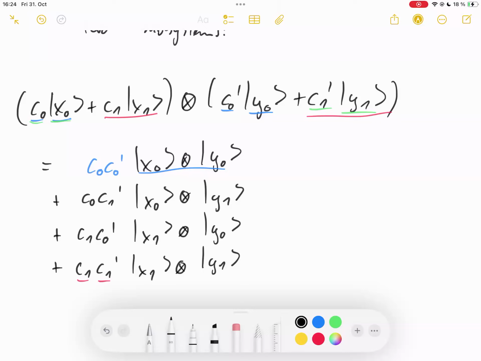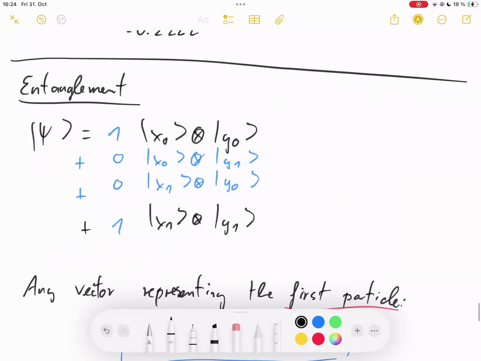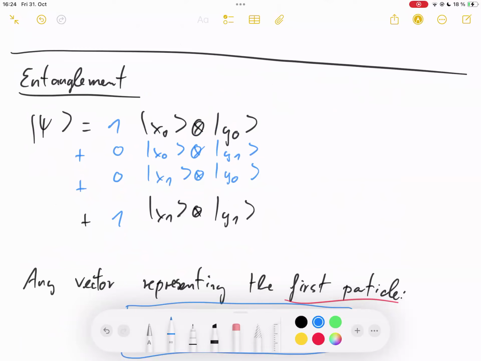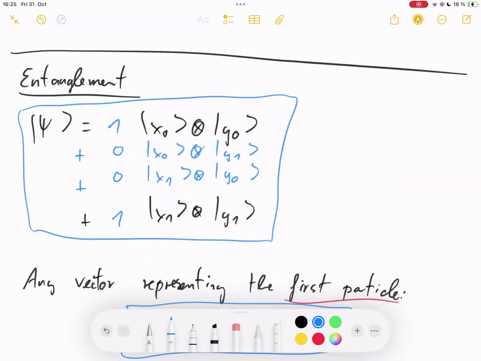And remember, so this is now the highly generic state of this aggregate system. But what I want to describe was this one here, my entangled state. And in blue, we had highlighted what we had not written.